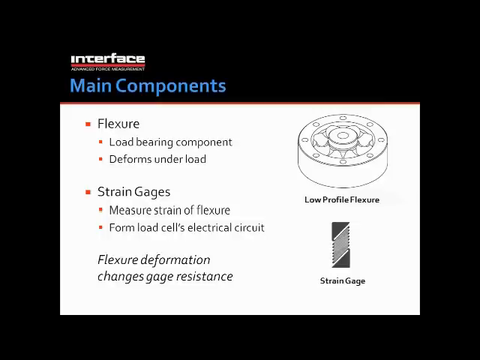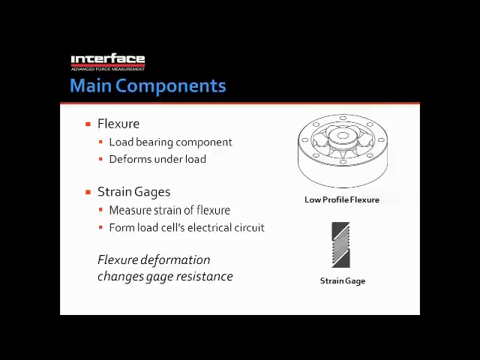In one of the previous slides, I talked about the main components of the load cell, and these are images of those components. The first one is the flexure, which is a load-bearing component. And the flexure is designed to deform under load. Right below that, we have the second main component, which is the strain gauge.